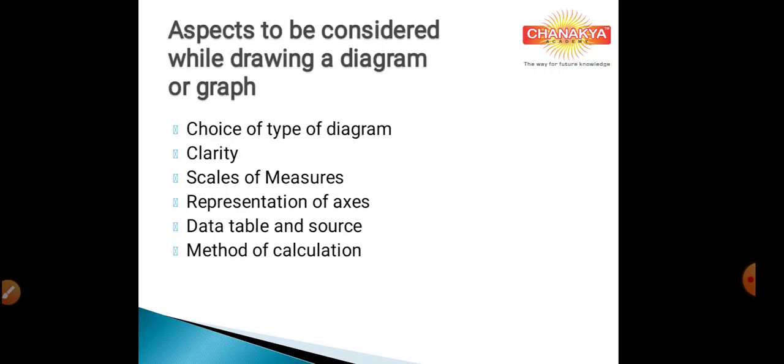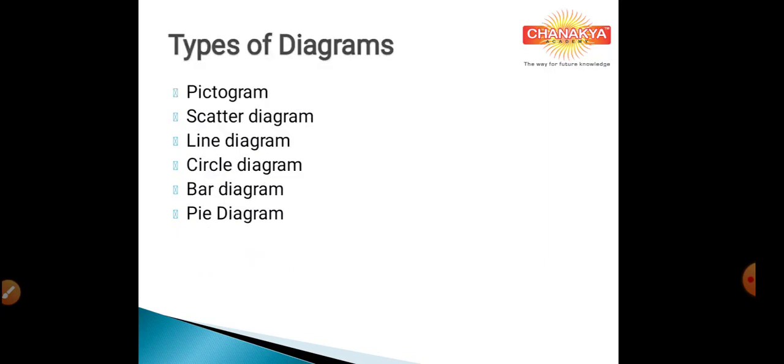We had also seen the different aspects that we must consider while drawing the diagram or graph, the points that should be kept in the mind, like which type of diagram we are selecting, the clarity and neatness of the diagram, the scales and the measures that we are using, representation of variables on the axis, data table and source if we are using the secondary data and the method of calculating the data.